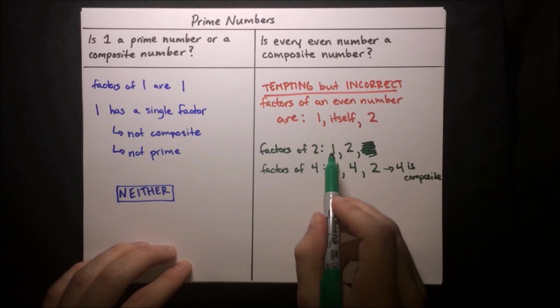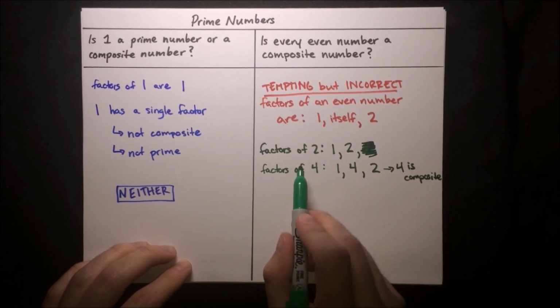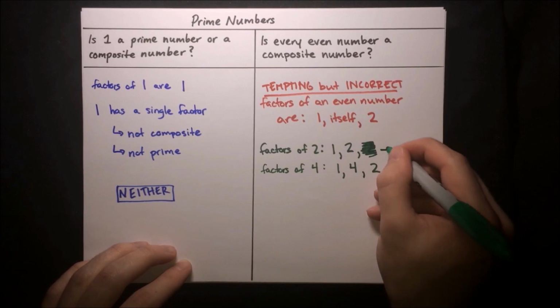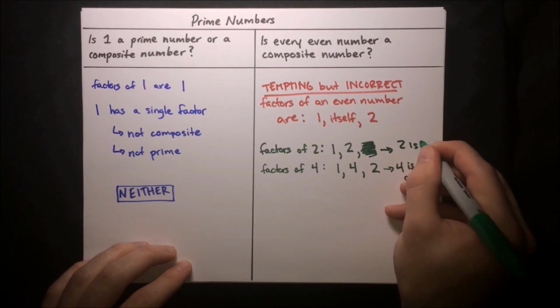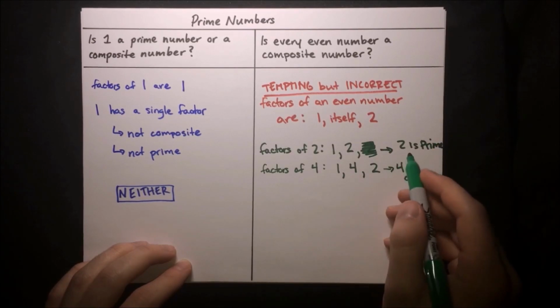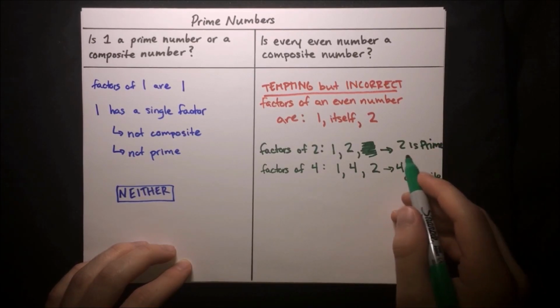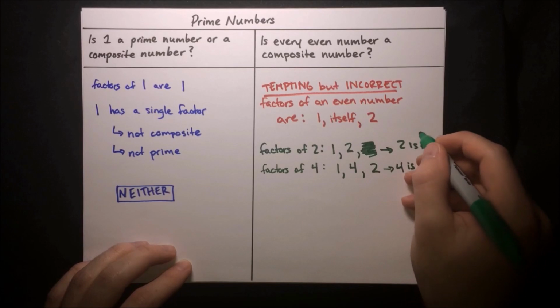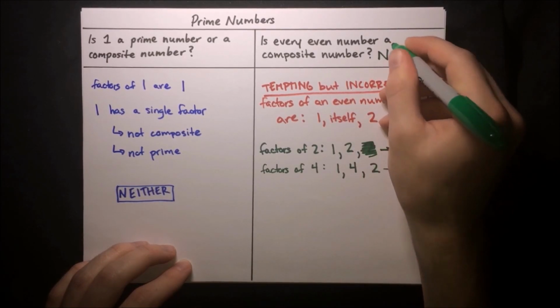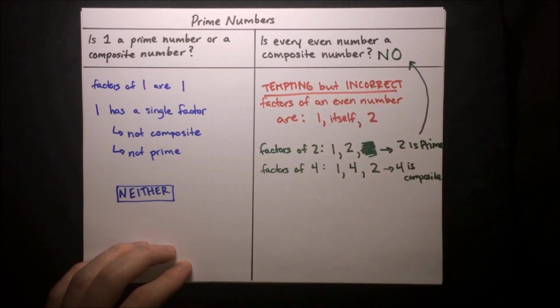So we really just have 1 and 2 as factors of 2. And since there's just 2 factors, 2 is not composite. 2 is prime. So here we have an example: 2 is an even number, but it's not composite. So no, not every even number is a composite number.